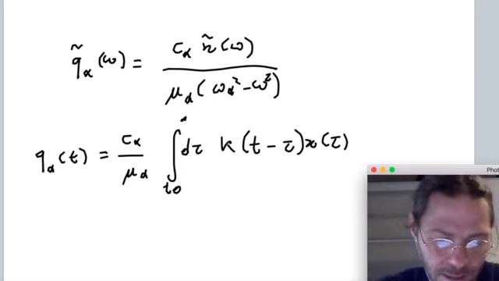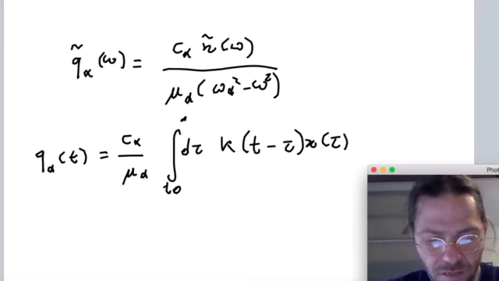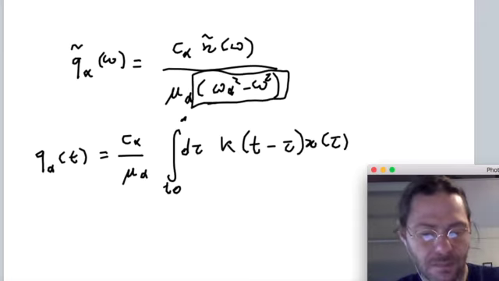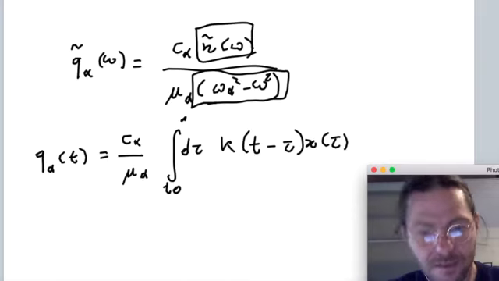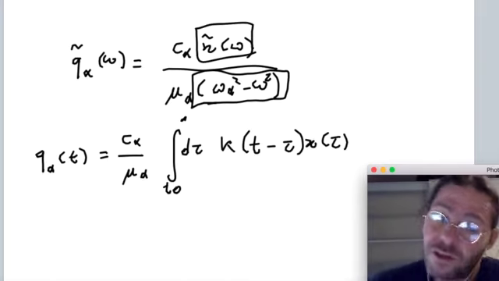What is this? This is an expression obtained by anti-Fourier transforming this product of functions, which contains a kernel and my source term. And the anti-Fourier transform of this is a convolution.